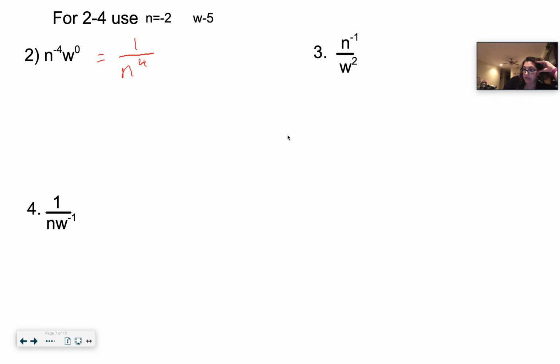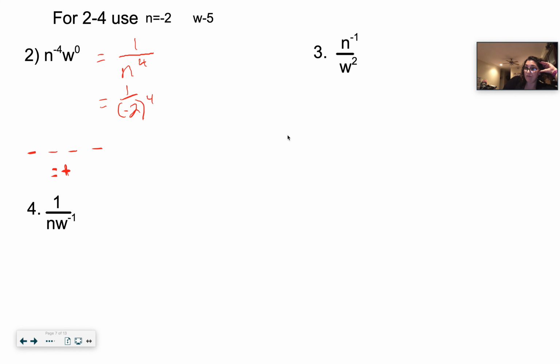Well, N is negative 2. So I have 1 over negative 2 to the 4th. Well, negative 2 to the 4th, it's an even exponent. So I have a negative times a negative times a negative times a negative. So I know I'm going to have a positive answer. Okay?